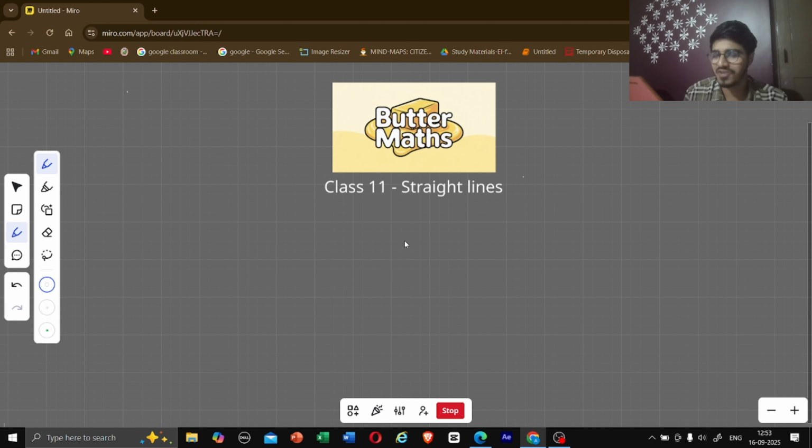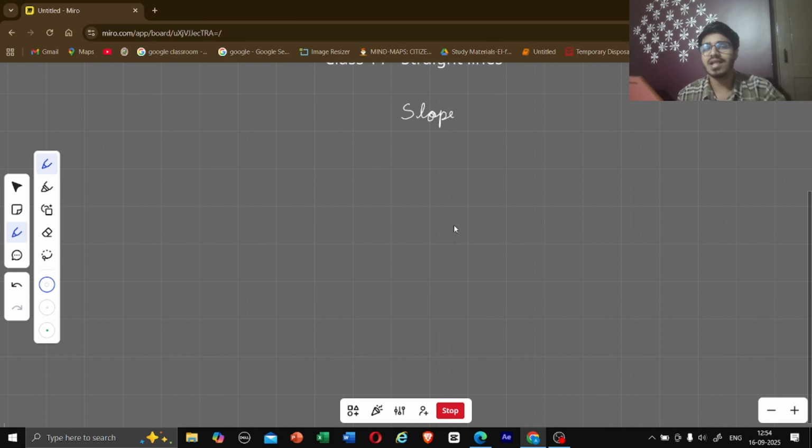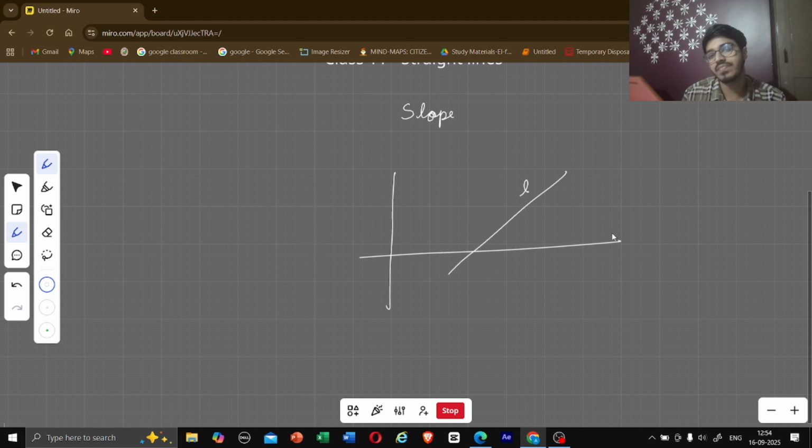Today, we are going to learn a very interesting topic, that is slope. Let a line L intersect the positive x-axis, making an angle theta in an anti-clockwise direction.